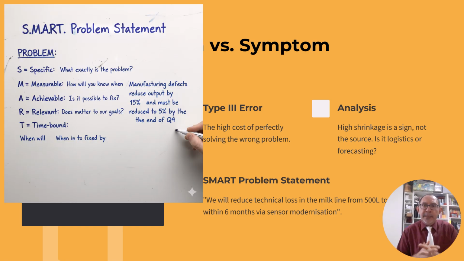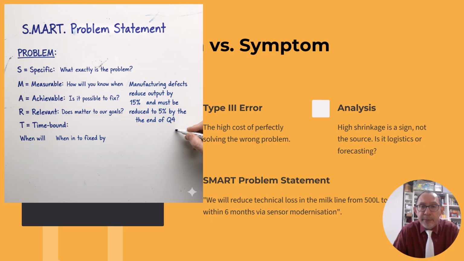A SMART problem statement is a definition of a problem based on specific, measurable, achievable, relevant, and time-bound criteria. Rather than vague statements, it provides clear answers to what, how much, when, and where a problem occurs.